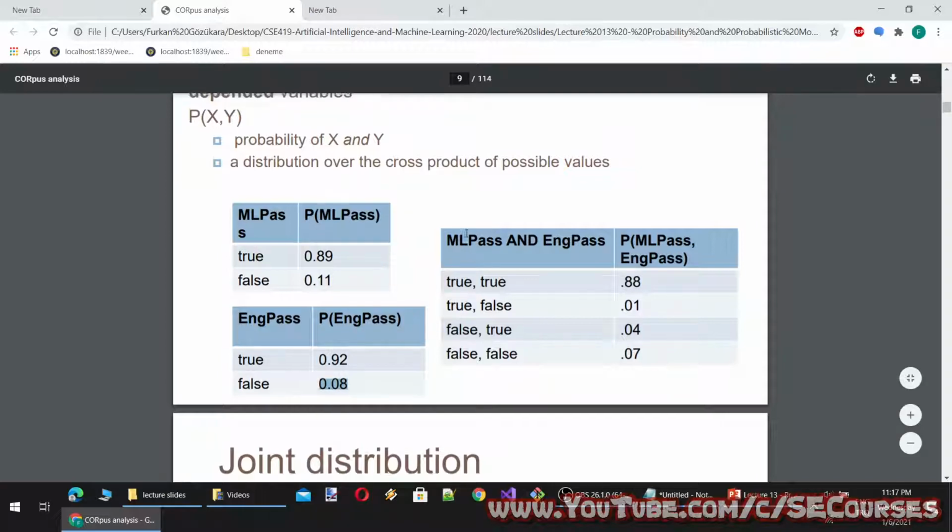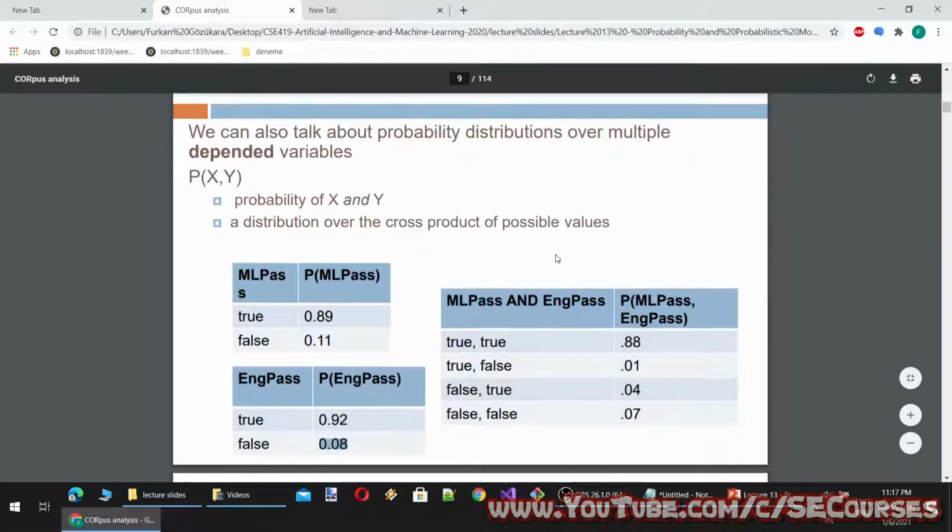So there are joint probabilities. Passing both of them has 0.88. Passing machine learning and failing English is 0.01, failing machine learning and passing English is 0.04, and failing both of them is 0.07.